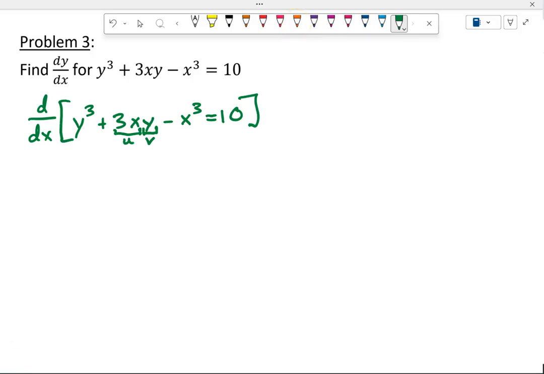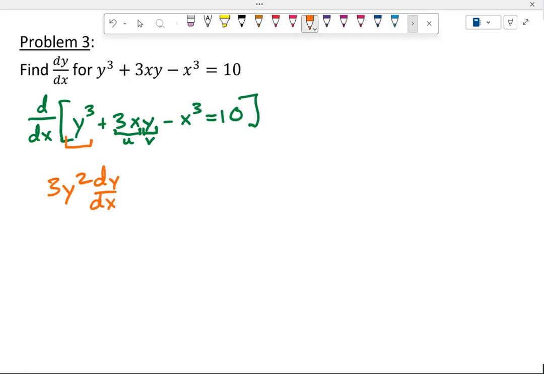Let's check in, guys. Let's just go through each term. So, y cubed, that one should have been easy. What's the derivative of y cubed? 3y squared? But I'm missing something. Anytime I take a derivative of y, it has to have a dy dx.